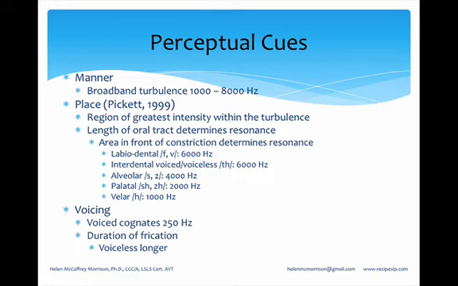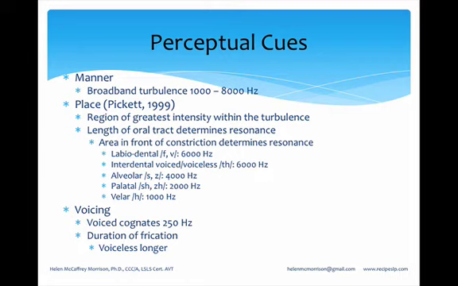As I move back my place of constriction to palatal alveolars, the sh and the zh, the area that creates the resonance is a little bit longer, and the resonant frequency is a little bit lower, 2,000 hertz. Another thing that lowers that resonance is the fact that to produce the sh and the zh, we're rounding the lips as well.